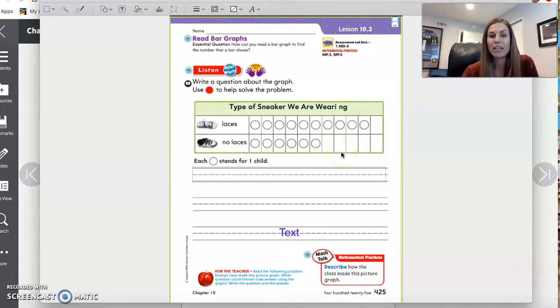Maybe you're thinking of a question like, how many more students had laces? I'm going to go ahead and write that question. If you have a different question, you can write it down here, but I'm going to write how many more children had laces?